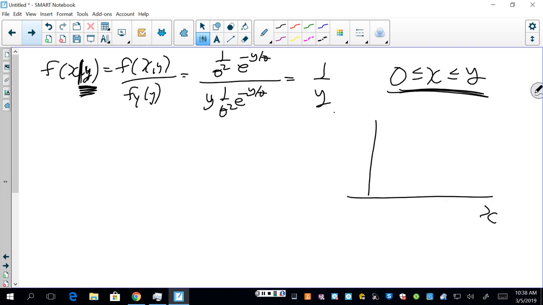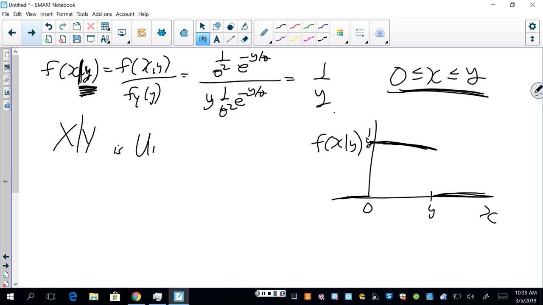Here's x, here's the density of x given y. It's just 1 over y, and it can go from 0 up to y. So that's just a flat line as far as x is concerned. So x given y is a uniform random variable on 0 up to whatever the value of y is.